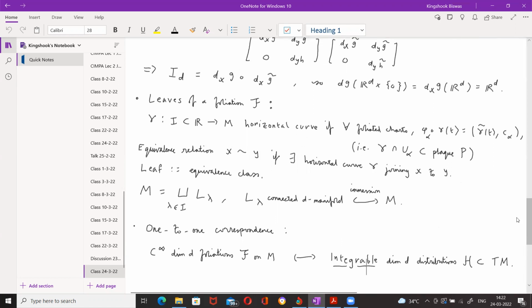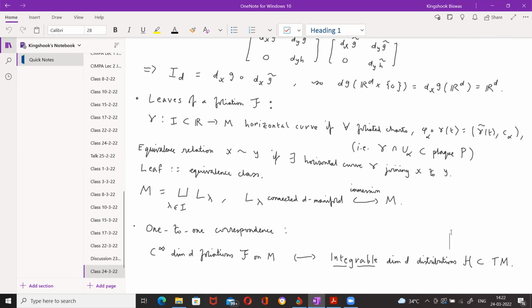And so to sum it up, what we have is actually a one-to-one correspondence between C infinity dimension D foliations F on M and integrable dimension D distributions H in the tangent bundle TM. Okay, is this all right? So foliations correspond to integrable distributions.